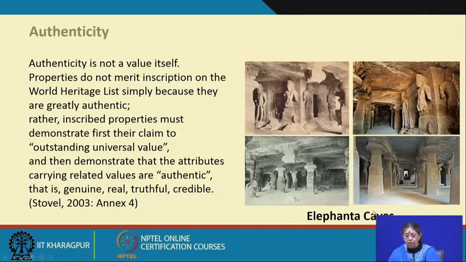That was necessary, but the controversy about Elephanta is about the way the restoration initially took place. It was originally in stone, but later concrete was used, and the concrete was given an effect that made it look like stone. Nowadays nobody will do that, because that is not authentic, it is a falsification; concrete meant to look like stone gives a false impression. So, there authenticity is at stake.